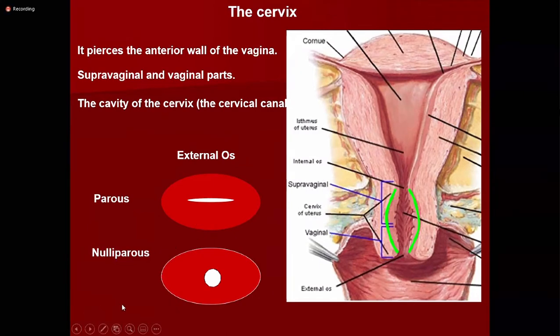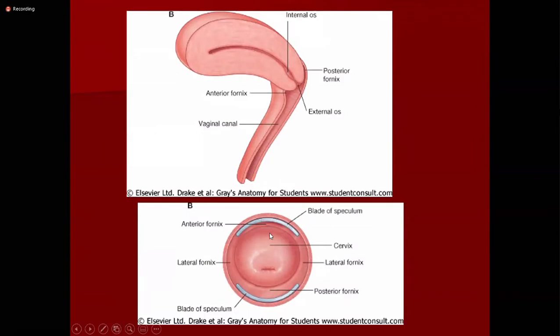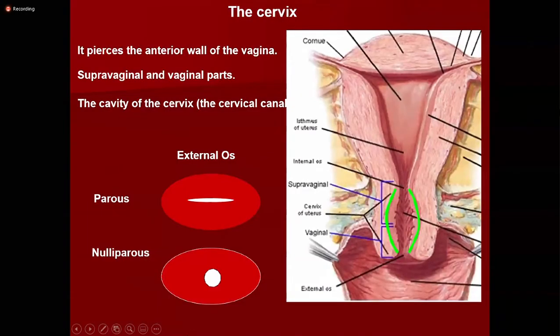Parous means a female who delivered before. So it's going to be stretched. We're going to see anterior and posterior lips, and it's going to look more transverse or horizontal. While nulliparous, those who did not deliver before, are going to look round. So basically, you use a speculum that opens the vagina, and you look at the external os like this, and you can see the opening of the cervix.